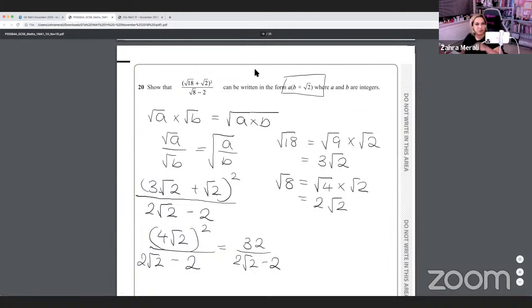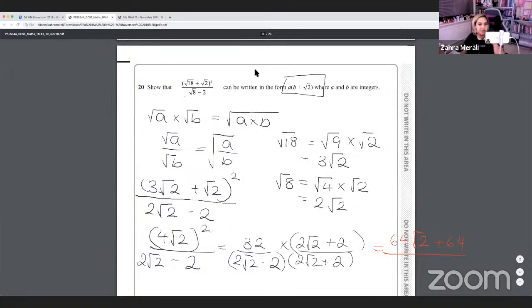It's still not in the right form because we've got a surd on the bottom. We don't like surds on the bottom. So what we're going to do is multiply top and bottom by 2 root 2 plus 2. And when we open out these brackets, we get 32 times 2 root 2, which is going to give you 64 root 2, and then 32 times 2 to give you 64.